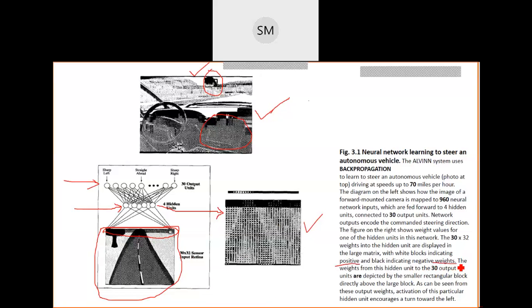Remember, the white blocks indicate positive weights, and the black blocks indicate negative weights. So these are all represented as the hidden layer, or hidden units, which are giving us some weights.